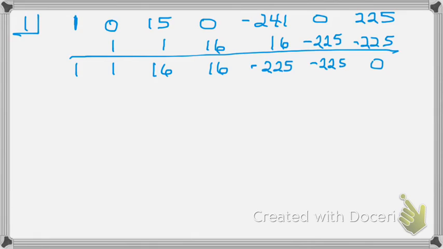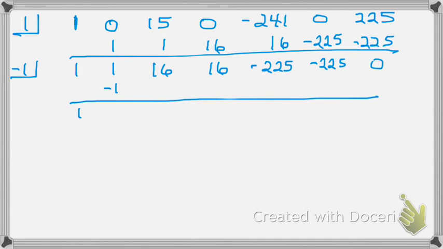Okay, so I'm not going to go back to the original numbers. I'm going to use my new set of numbers. And this time I'll use the number -1. And it doesn't matter. You can use any 4 of the zeros that we found. I just chose to start with the 1. Okay, so I do this again. I pull down the 1. I get a 1. 1 times -1 is -1. 1 and -1 give me 0. 0 times anything is 0. 16, negative 16, 0. 0 times -1, so I get what?